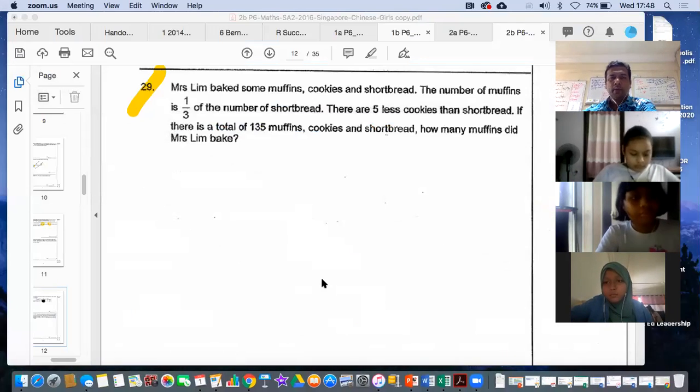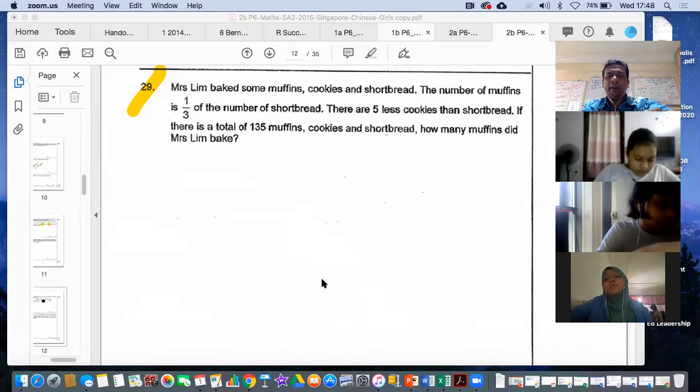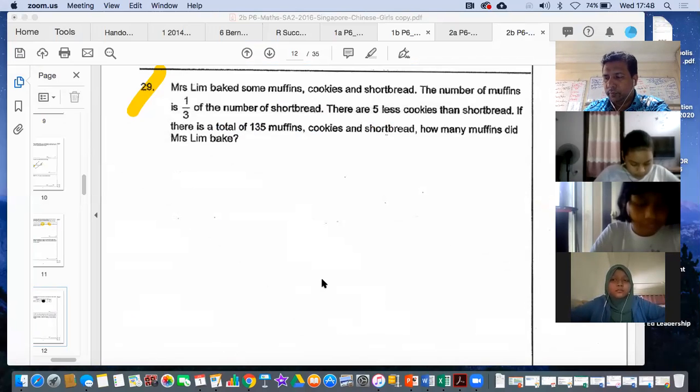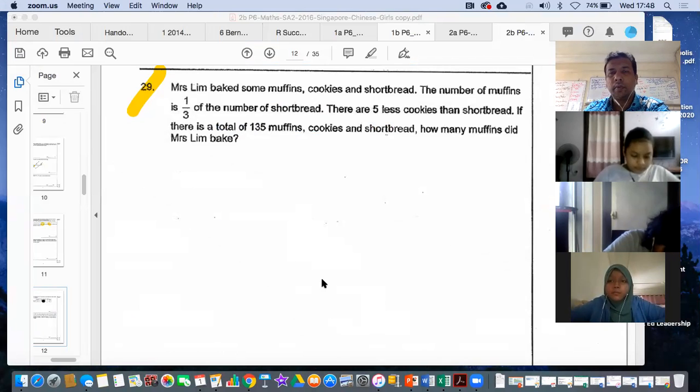Okay, you try this. Rayana, you try again. Let's see. Number of muffins, 1/3 number of shortbread. You can draw a model if you want to. 5 less cookies than shortbread. They give you the total number of muffins.